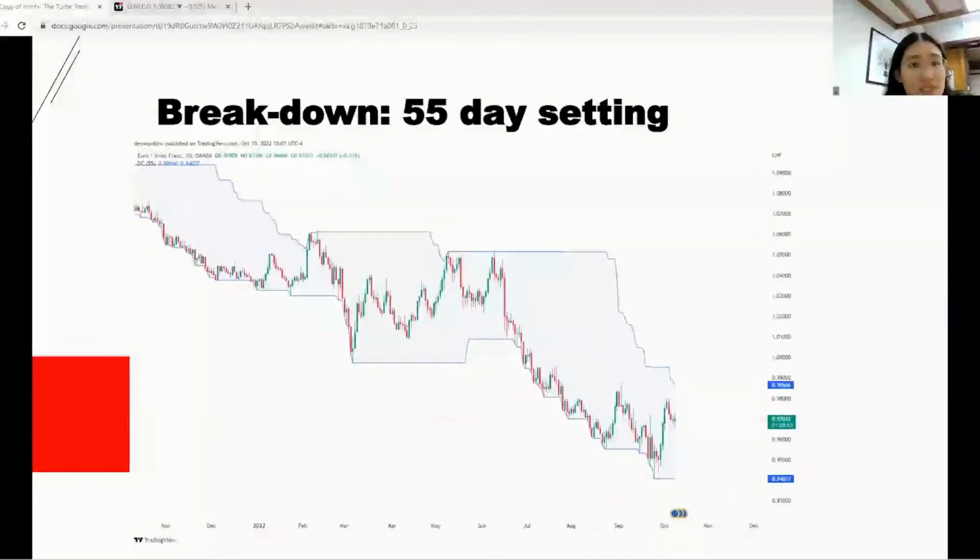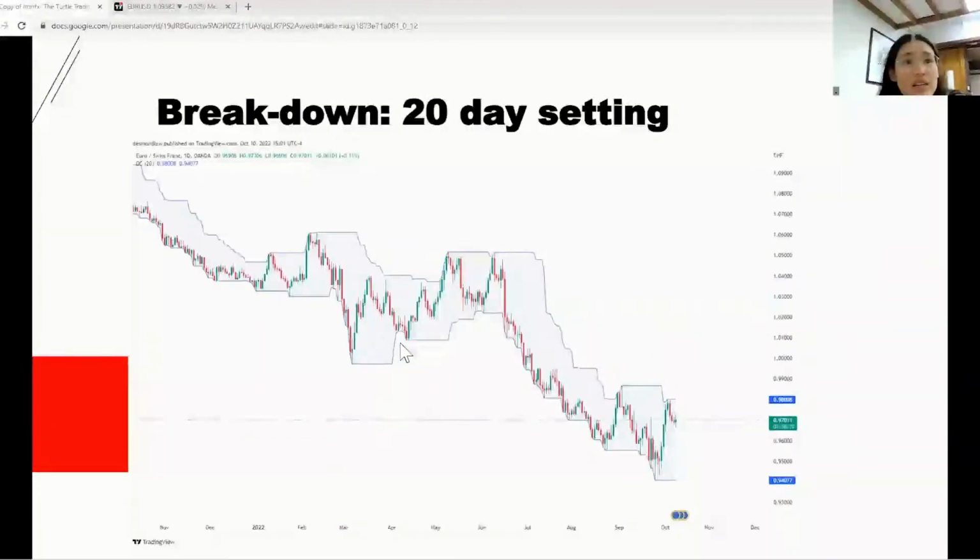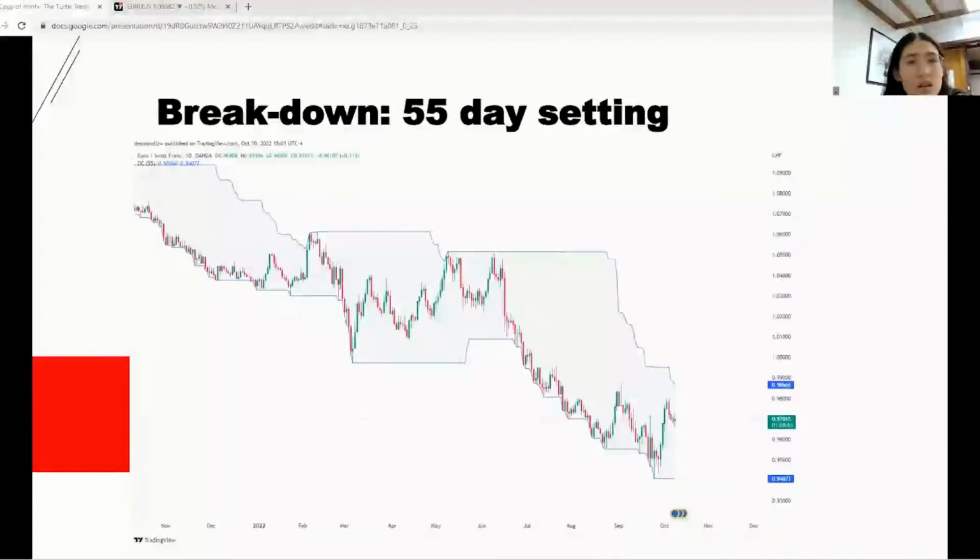Whereas the 55-day setting, you can see that there's a lot more space between the prices, and they only really take a look at the significant swing highs and swing lows, the big movements in price, not the small movements in price like all of these. Whereas if we're looking at 20-day, you can see that it pretty much follows price more closely.